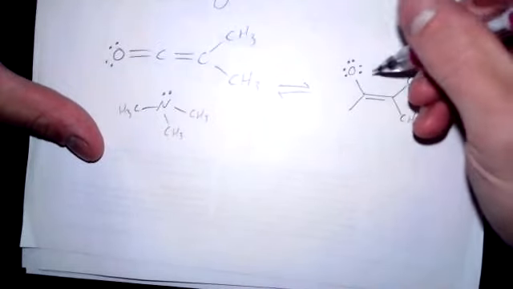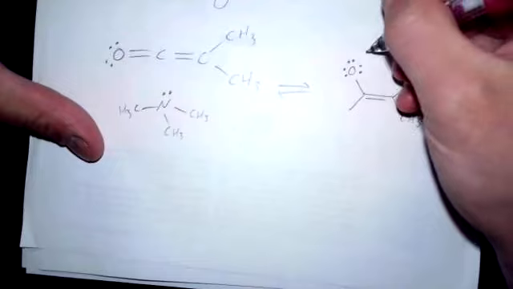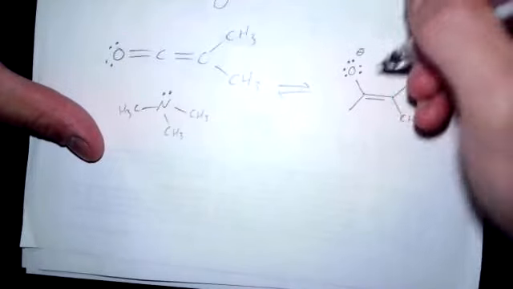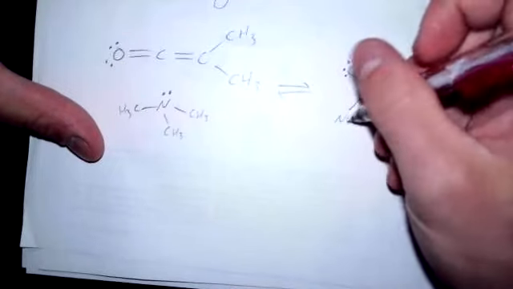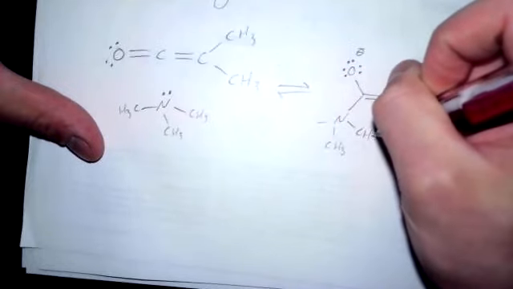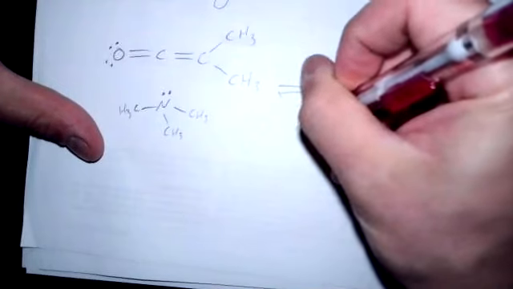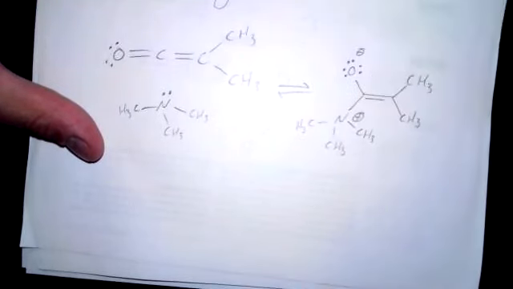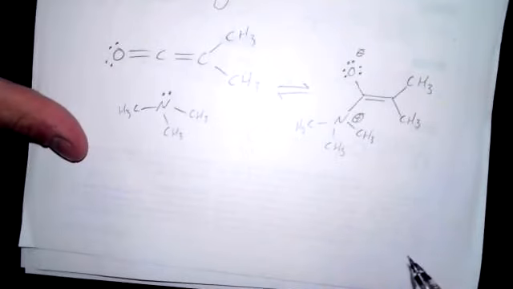Okay, this oxygen has a negative charge, so it's got 3 lone pairs, and the nitrogen has a positive formal charge, no lone pairs.